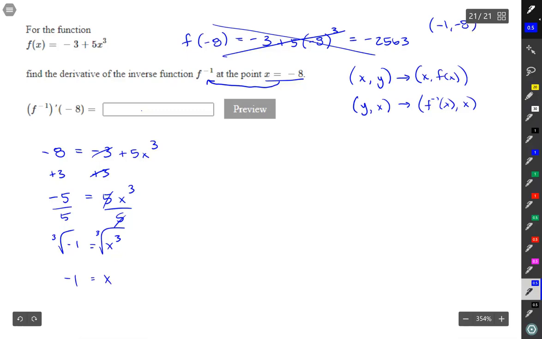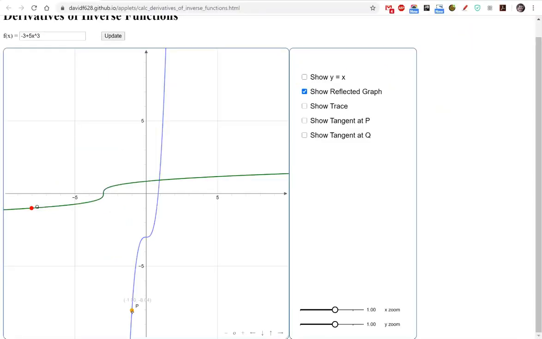Okay? So looking back at the graph, notice where point P is. X equals negative 1, y equals negative 8. This is the point in question. Now the next thing that I need to do is figure out what the slope of the tangent is on the derivative, or on the inverse.